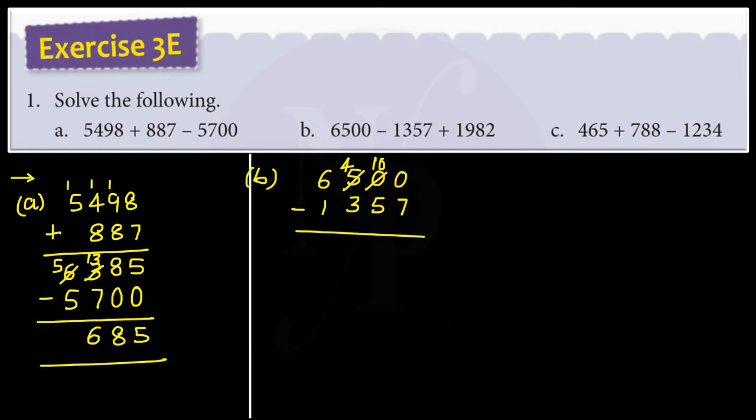So now this 10 tens made as 9 tens. I will write 9 here, and I will make this 10 now, 10 ones. Subtracting 7 ones from 10 ones, you get 3 ones.